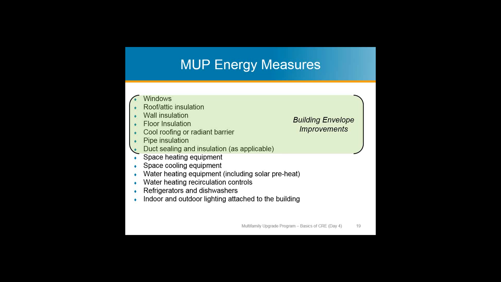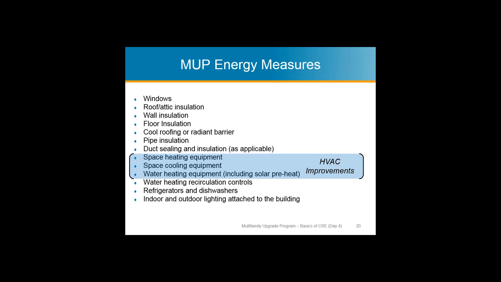So these can generally be considered building envelope improvements. Space heating, cooling, water heating equipment, these would fall under the HVAC improvement category. Likewise, water heating recirculation, that would be a control measure. Refrigerators and dishwashers, that'd be a miscellaneous or plug load measure. And last but not least, lighting, combined indoor and outdoor. Obviously, that would be considered our lighting measure category.